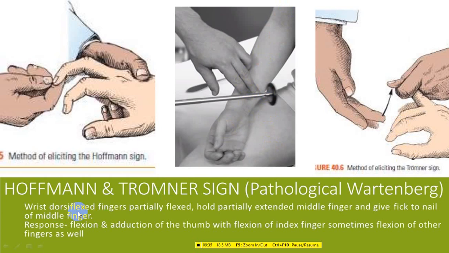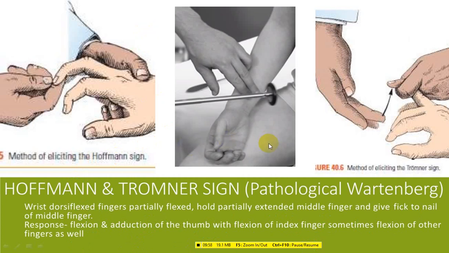So wrist is dorsiflexed, fingers are partially flexed, hold the partially extended middle finger and give a flick to the nail of middle finger. Response is flexion and adduction of the thumb with flexion of index finger. Sometimes the flexion of other fingers also. This is also called the finger flexion test.